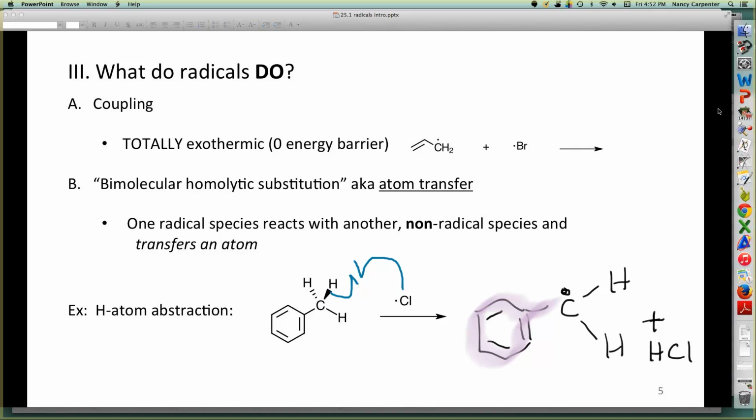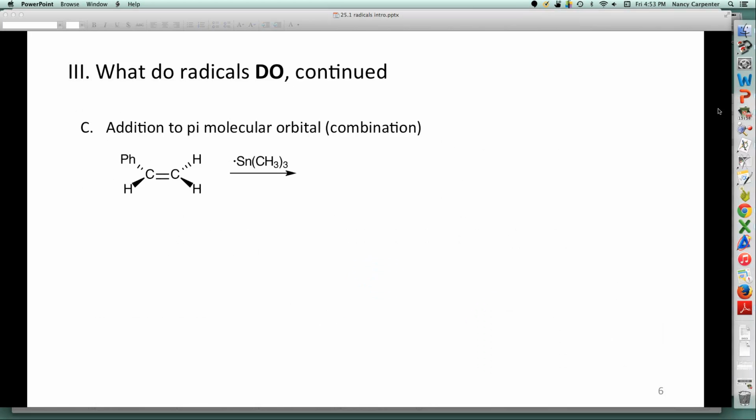Alright, so radicals couple. Radicals can react with non-radical species and just transfer an atom, or a third example of what radicals can do is something called combination, where they actually react with the electron-rich pi molecular orbital. So remember, this is all driven by the fact that radicals are electron poor.